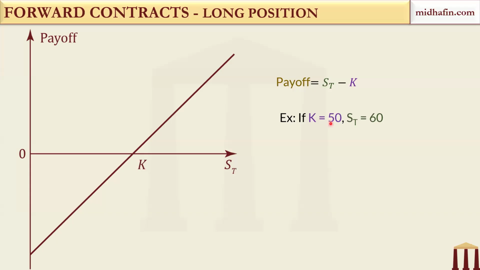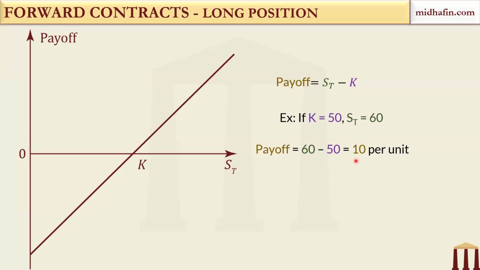So if K is 50 and ST is 60, the long position has an advantage because it can buy the same asset for $50, which is selling in the market for $60. So it's very clear that the payoff is positive: 60 minus 50 is equal to 10. But of course, if the value of ST was say 40, the payoff will become negative.